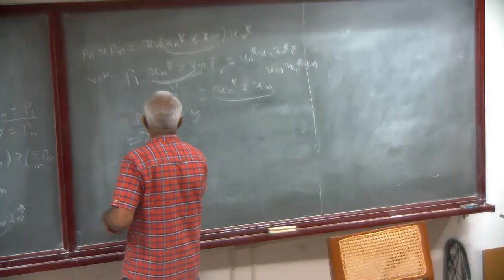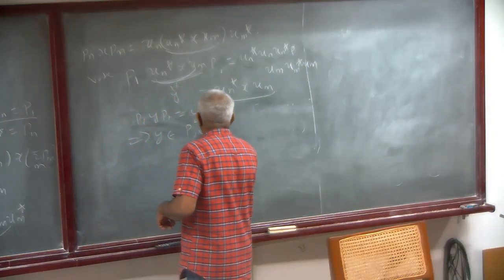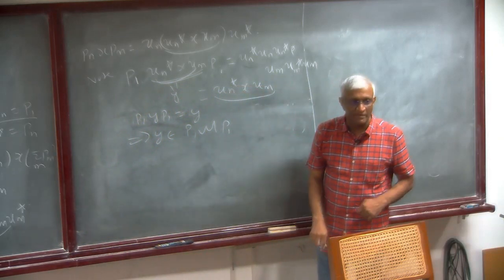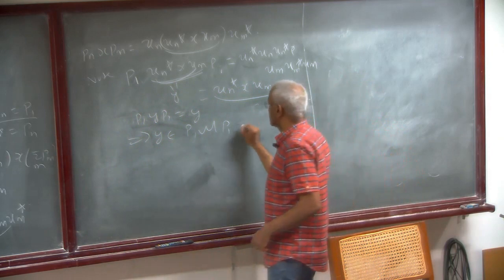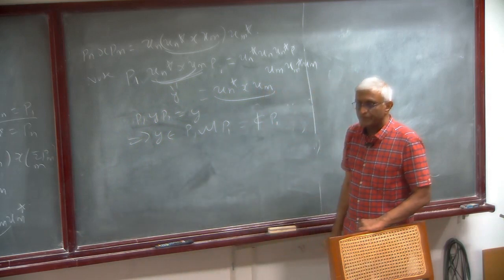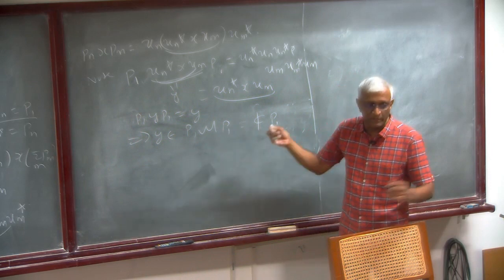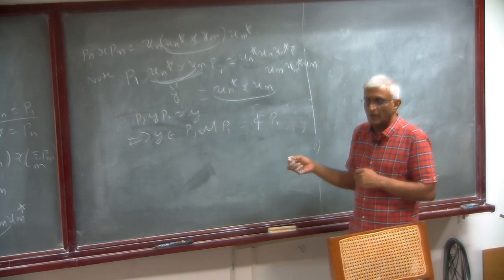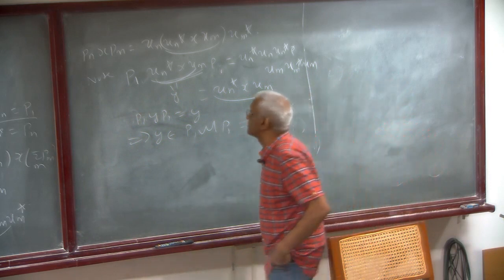This implies y is in P1 M P1. That's what I'm saying. This is clear. But this is a minimal projection, so this is C times P1. Because P1 is a minimal projection, we noticed if you hit a von Neumann algebra with a minimal projection, you get a constant times P1. It was a remark.